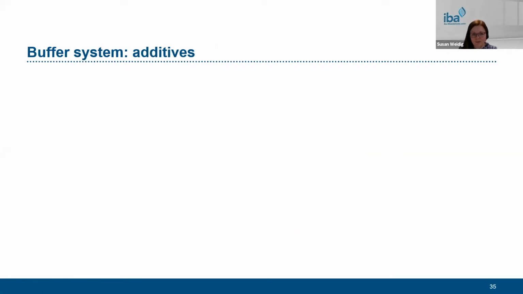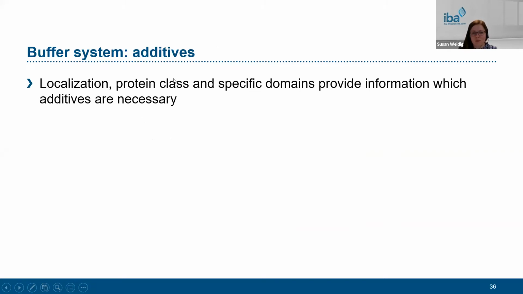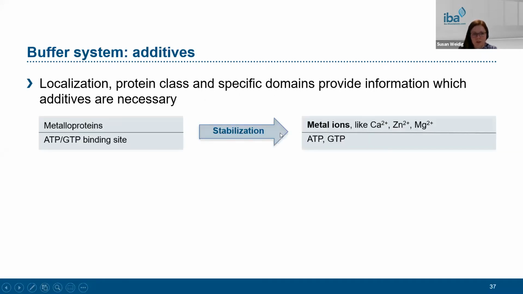And if you have selected the right buffer system, you can think about additives. What are additives, or which information do you need to select the additives? You need the information about the localization, the protein class, and specific domains. This information could be, for example, if you have a metalloprotein.